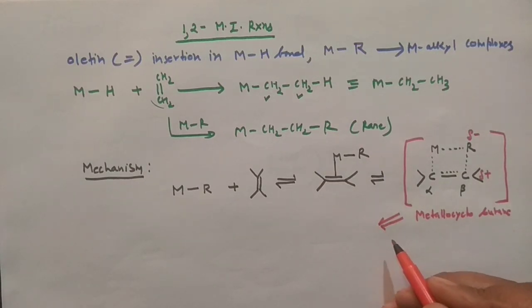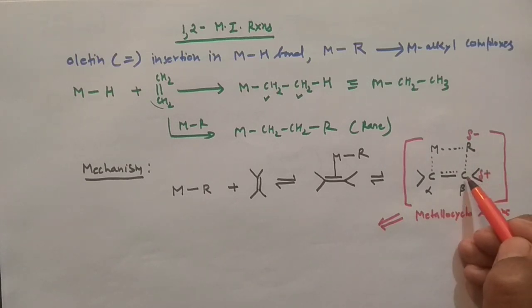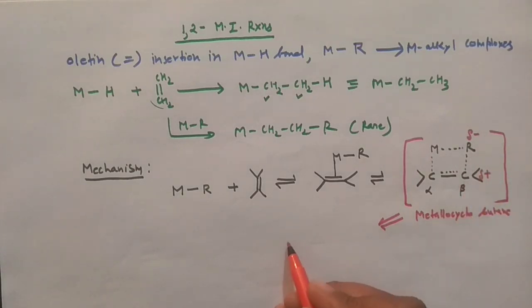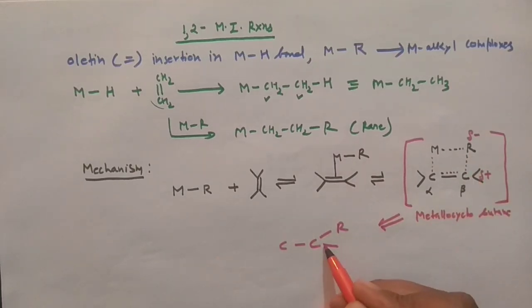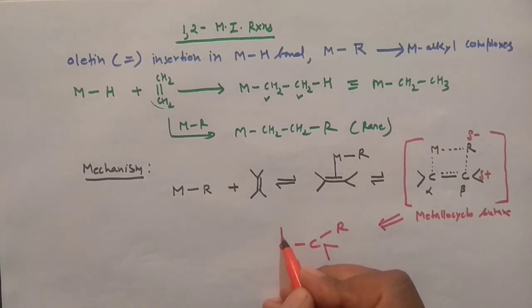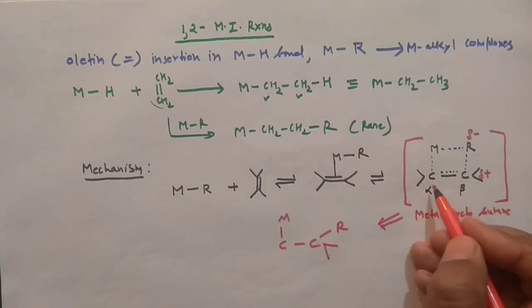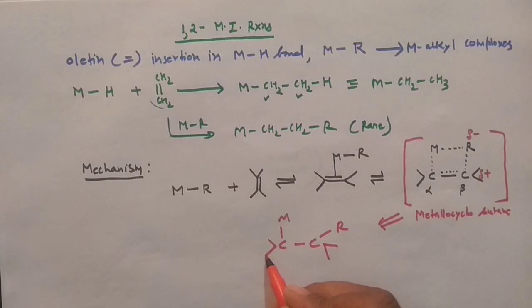Reversibly, it will convert into the product. So the R will migrate to the beta carbon. And what product will you have? The R has migrated to the beta carbon, the methyl groups were already there, and the metal is on the alpha carbon. So this is alpha, this is beta, and this is addition.